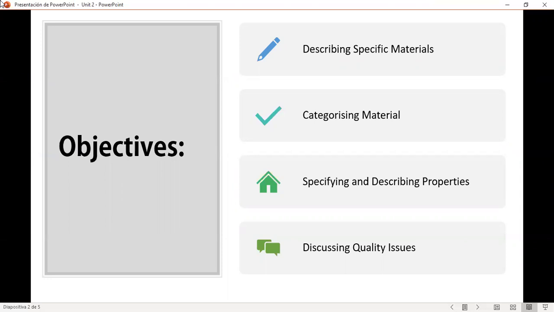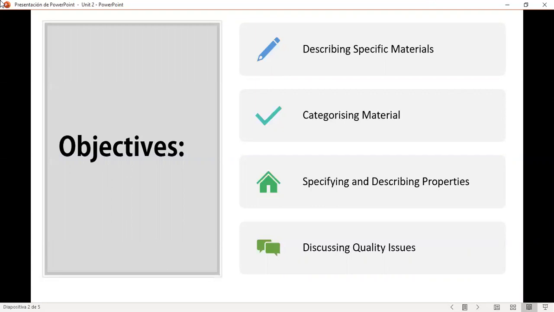Which materials? The ones that we, as engineers, are accustomed to knowing and using in our everyday life, in a professional way, of course. The second objective is to categorize materials, to learn how to divide them. They could be divided by density, by price, by usage, a lot of different divisions that we can make, filters.